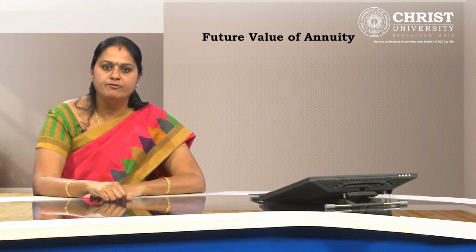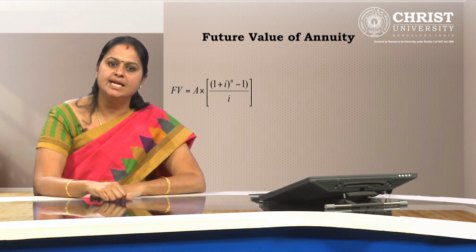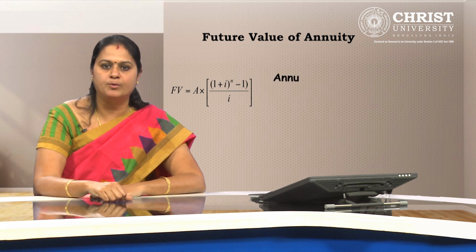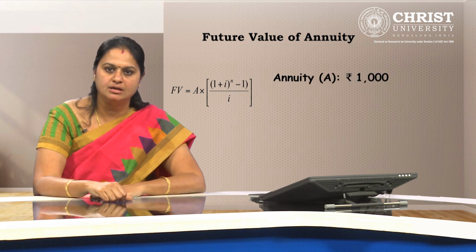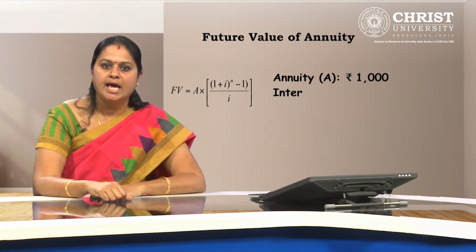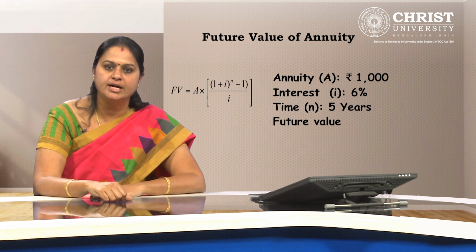How would you find the future value of such annuities? You know that the formula you use will be FV equals A into 1 plus i raised to n minus 1 the whole divided by i. Let us take an example. An investor deposits rupees 1000 every year in a saving instrument. If it earns 6% compounded annually, how much amount will he receive at the end of 5 years?